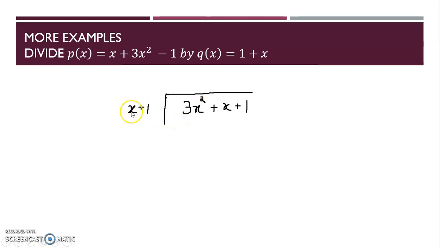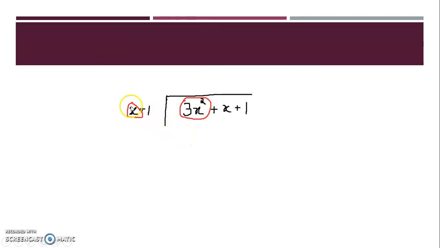And now we want to find out some term, so that when we multiply it with this binomial, the first term of the divisor x should become the same as the first term of the dividend, that is 3x square.